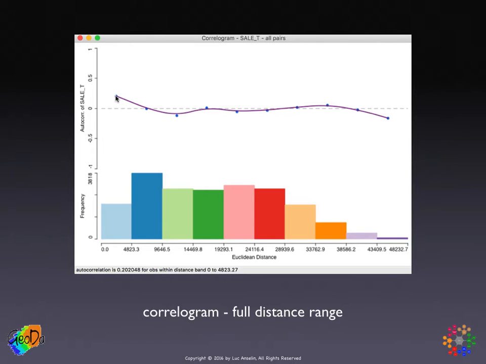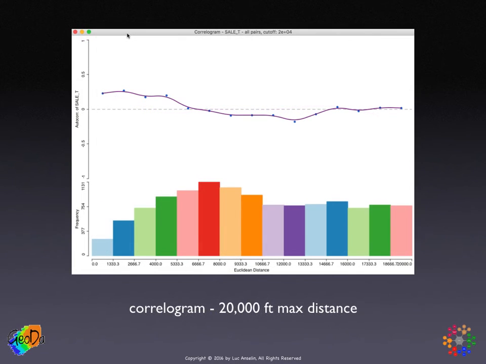As I mentioned, there are a lot of practical decisions that have to be made in the construction of the variogram, such as whether we use the full distance range or cut off at a particular distance value. Here, for example, we take 20,000 feet maximum, and we also change the number of bins, and we get a much more fine-tuned measure of the evolution of the spatial autocorrelation, but the measure of the range of interaction is pretty much the same. We go through this in detail in the lab.